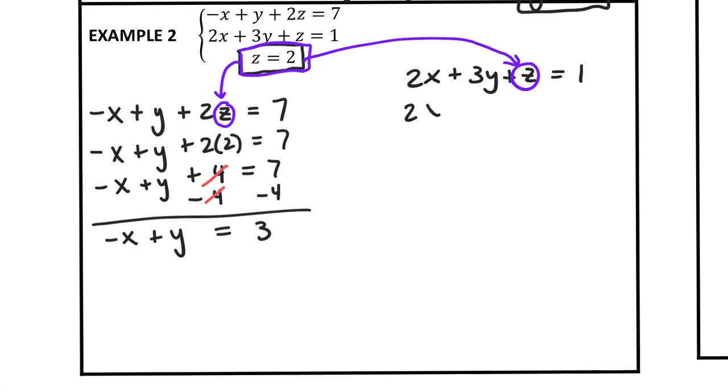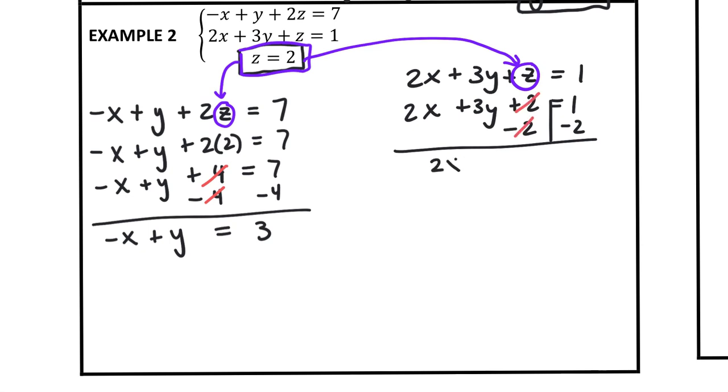So I have 2x plus 3y plus 2 equals 1. Then I want to subtract 2 to put the numbers together. It's going to cancel these positive 2, negative 2. Then I'm going to end up with 2x plus 3y equals, what's 1 minus 2? It's negative 1.